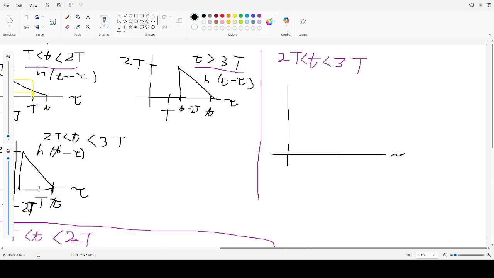Here's tau. Here's big T. Here is t minus 2 big T. Let's look at the heights here. Pretend that's a straight line.